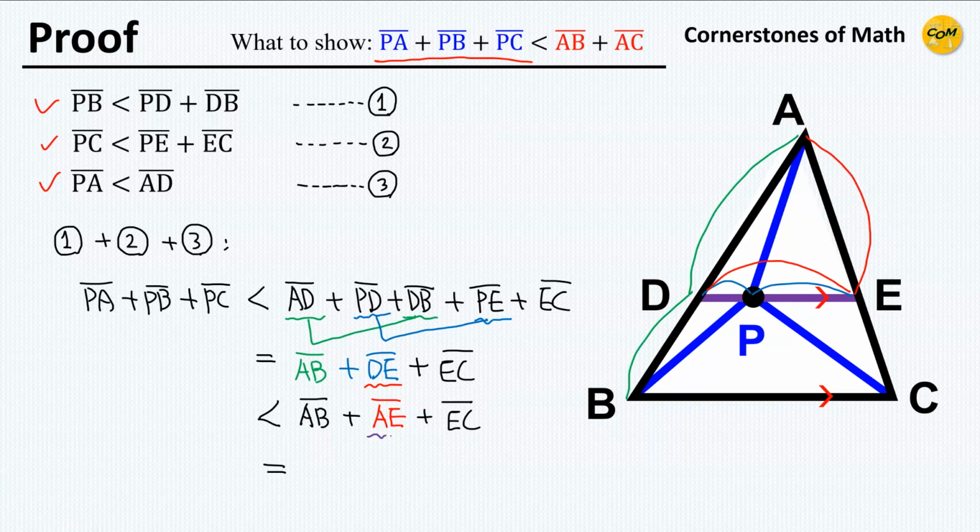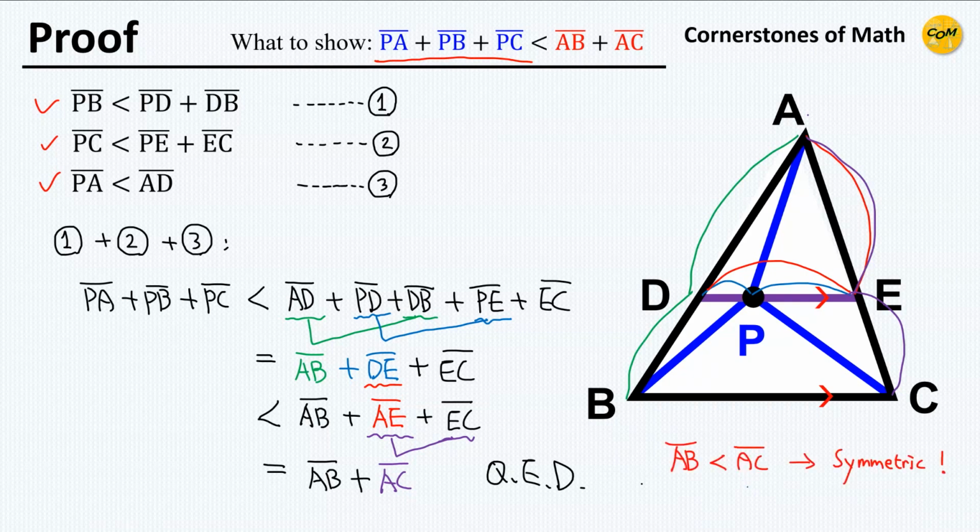And notice that AE plus EC, which is this plus this, equals AC. So we have AB plus AC. And this concludes the proof. Again, for the other case where length AC is longer than AB, the proof is just symmetrical.